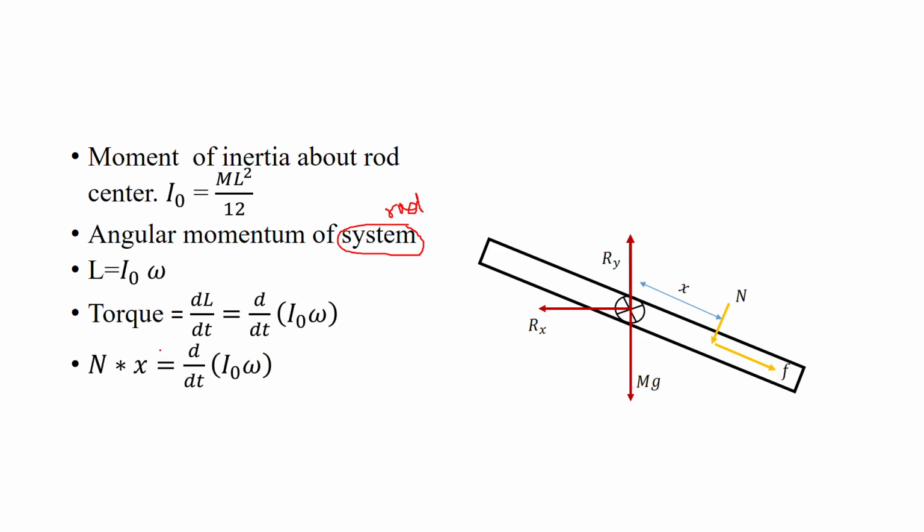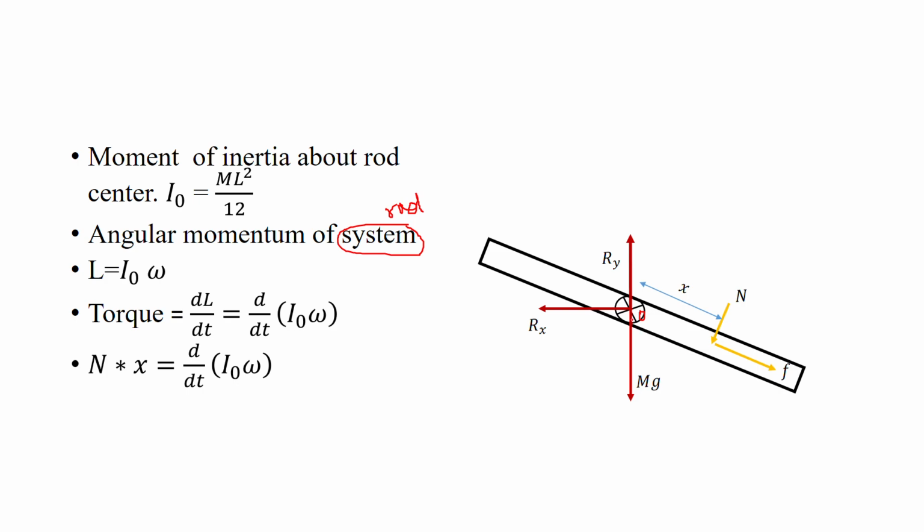And the torque that is acting on this rod about its center of mass, when we are taking torque about this point, that is point O, the torque of Rx, Ry and Mg will be 0. The thickness is assumed to be very small, so the torque of this F will also be 0.